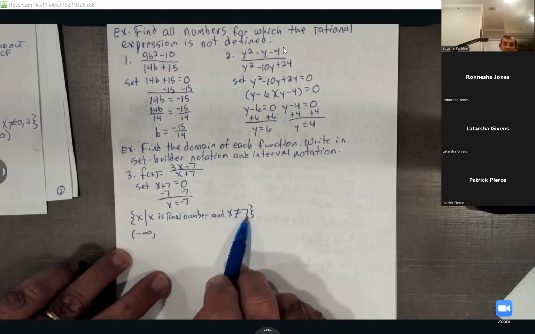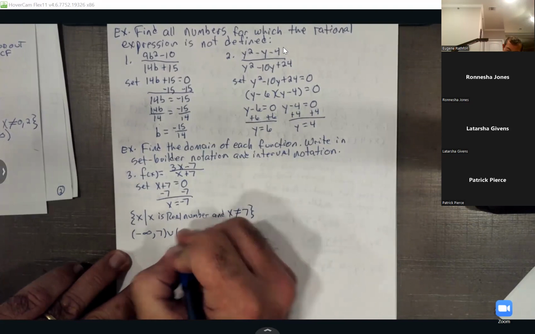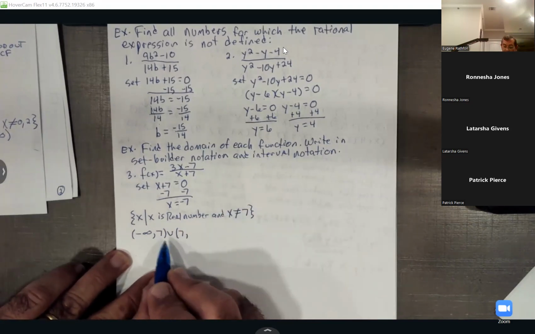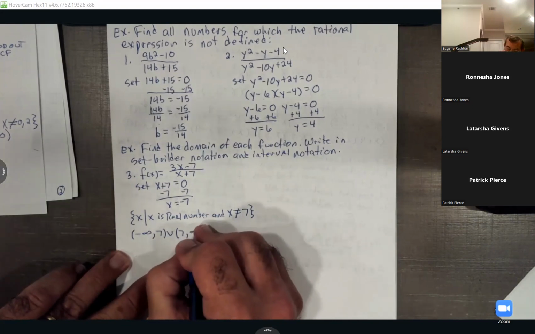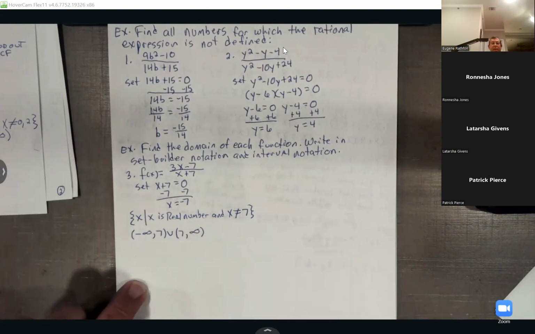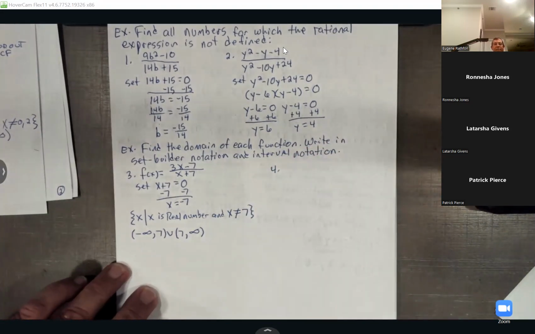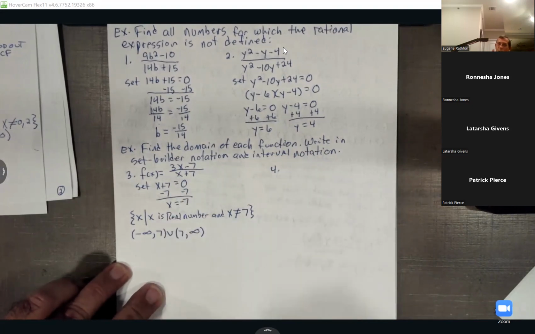Since it cannot equal 7, I got a union around that 7. So your union around the 7 means it cannot equal 7. And then from 7, we head off towards our positive infinity. So y'all, 1 x, 1 union, because you only got one number that you're excluding.